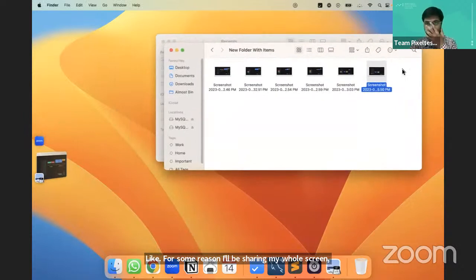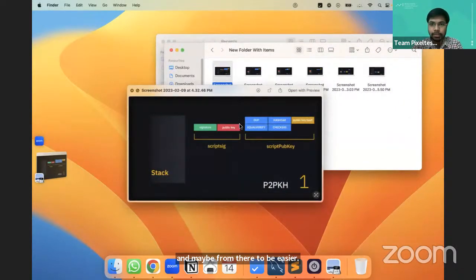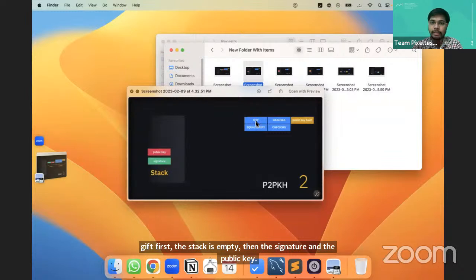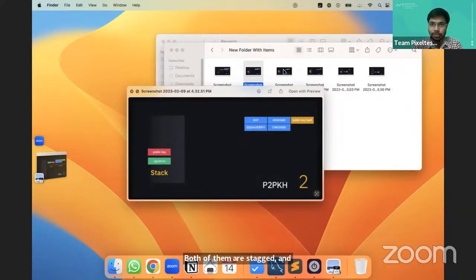Great. Okay. So if we look at this particular screen, you can see this particular screenshot of that GIF. First the stack is empty, then the signature and the public key, both of them are stacked, and then the first operation, DUP, is performed.